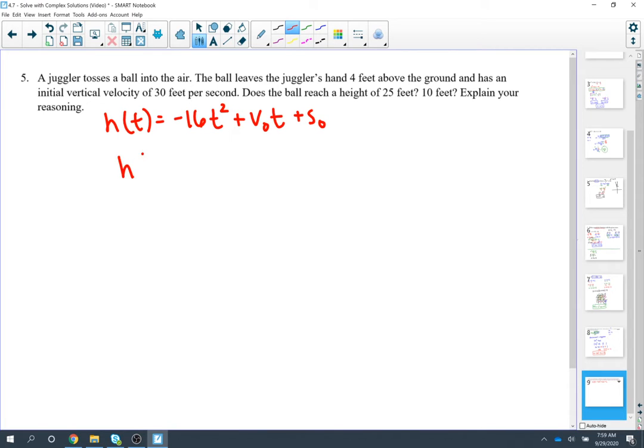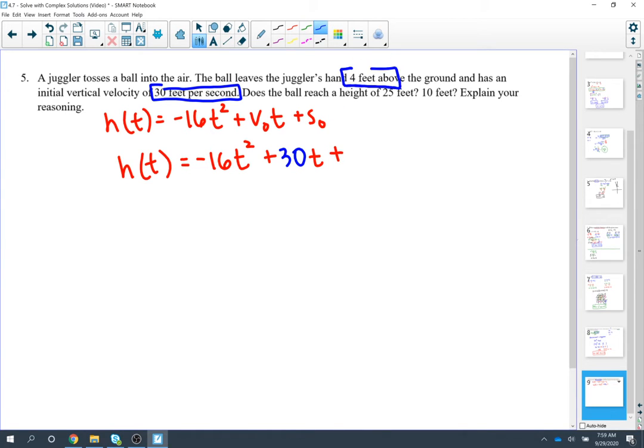So h of t is just the height of my object with respect to time. Negative 16 t squared I'm not going to touch, plus the v naught is my initial vertical velocity, which they told me was 30 feet per second. So 30t plus s naught, my initial height above the ground, which is 4.